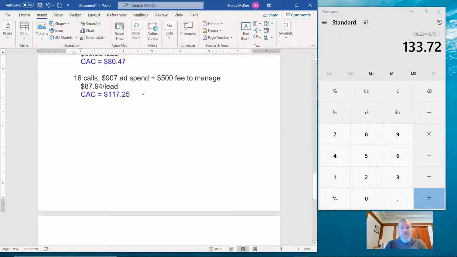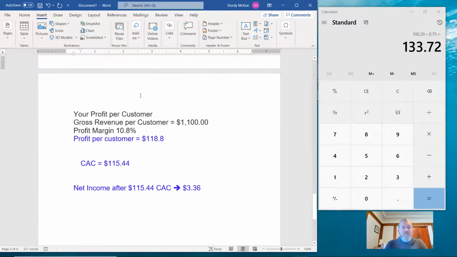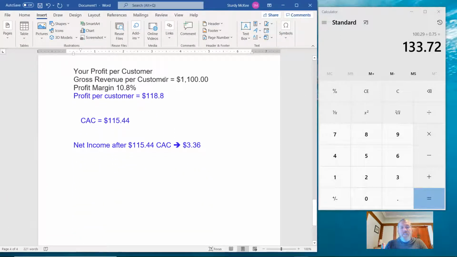So let's look at that next piece: your profit per customer. Let's say that you're getting $1,100 per customer on average. If you're in the physio space, it's the number of visits times the revenue per visit. You could even break it out for these specific leads and track it. The average-ish profit margin is around 10.8%.